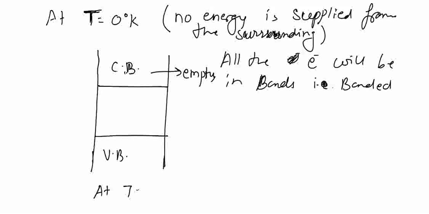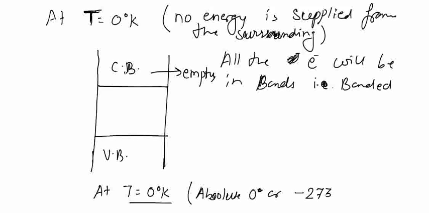T equal to 0 degrees Kelvin. 0 degrees Kelvin means absolute zero, or it is minus 273 degrees Celsius.